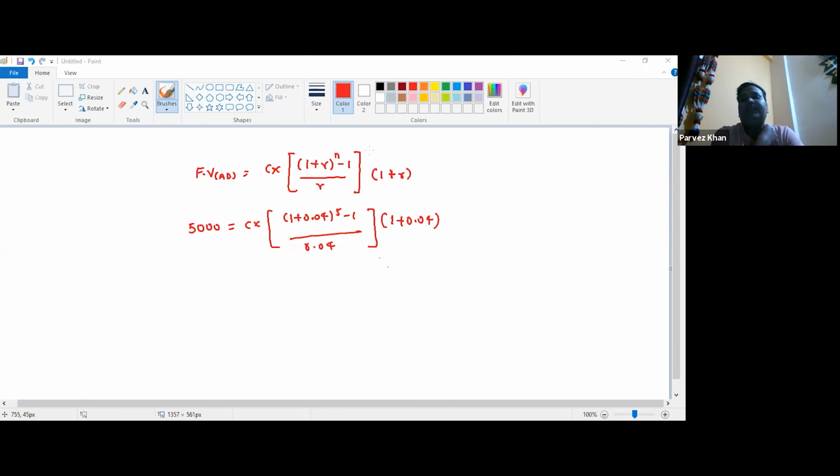Not investing at the beginning. For annuity due and ordinary annuity, clearly I told in class that it's about a series of payments. When you are making the series of payments, whether you make them at the beginning or the end, that we see.